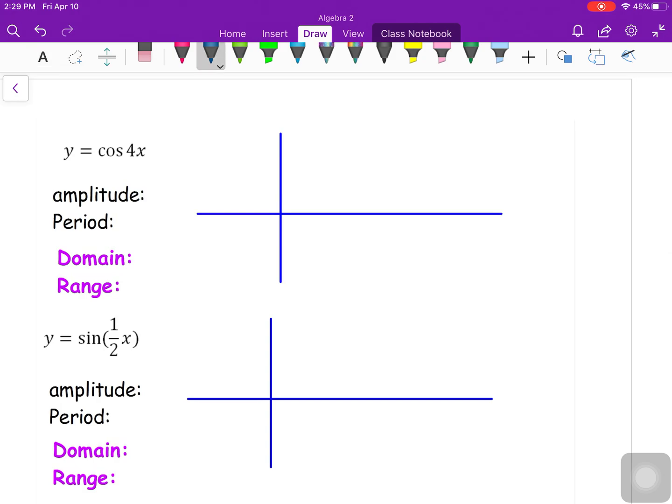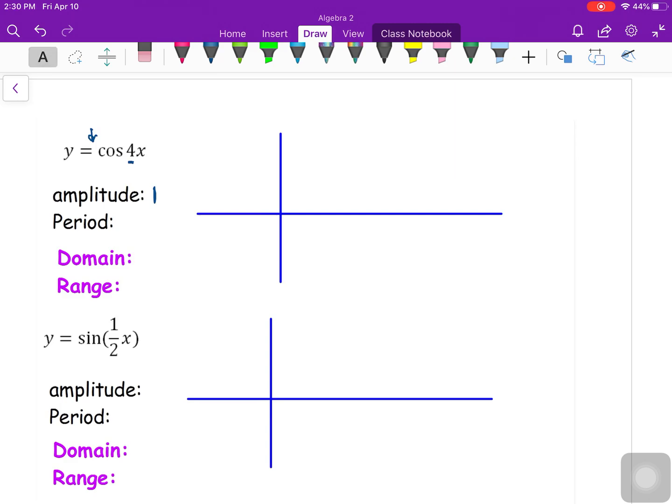So let's take a look here. We have y equals cosine of 4x. My amplitude is still a 1. Notice this time I have 4 times as much in the B position. So normally my period for cosine x was 2 pi.